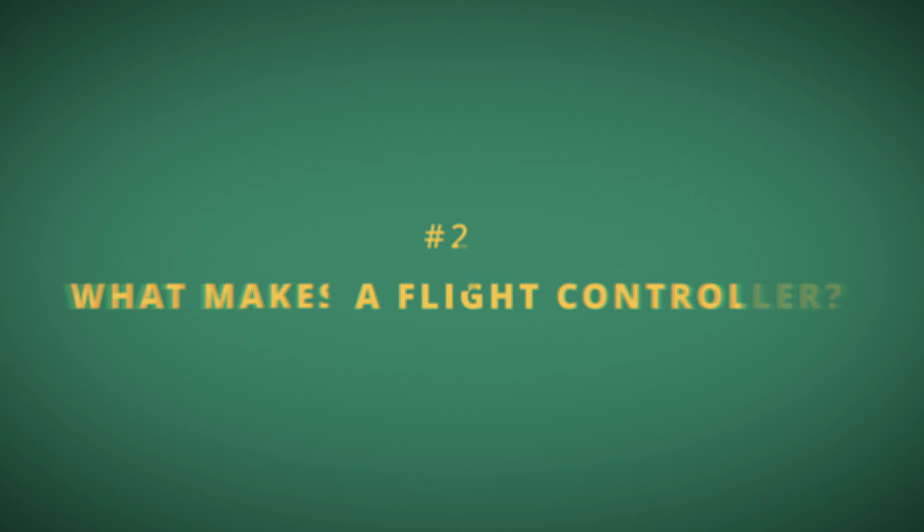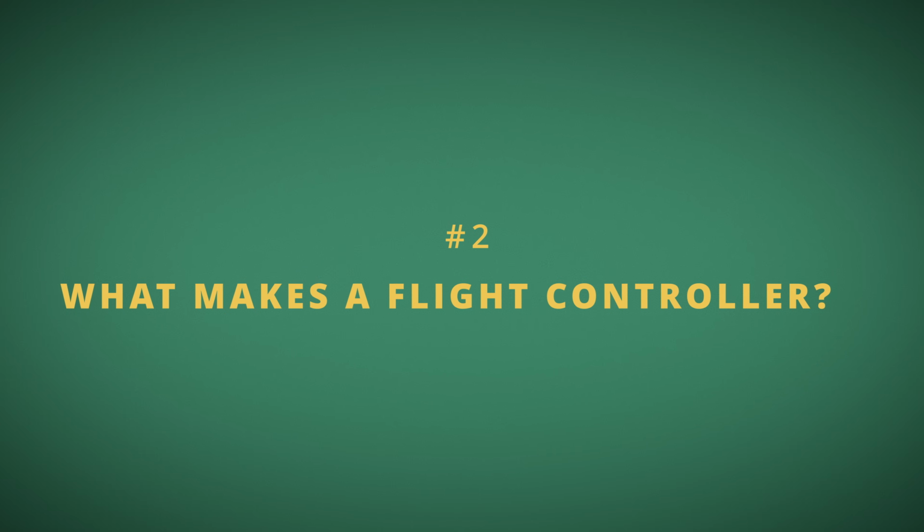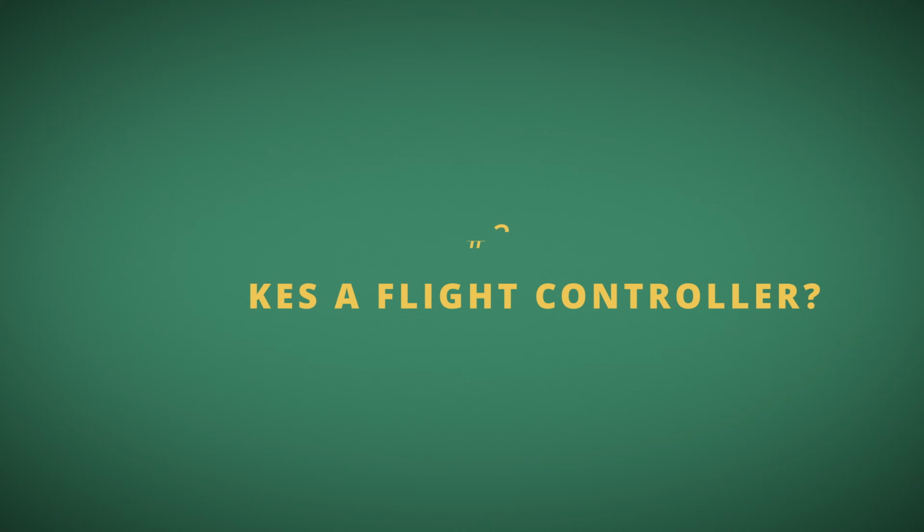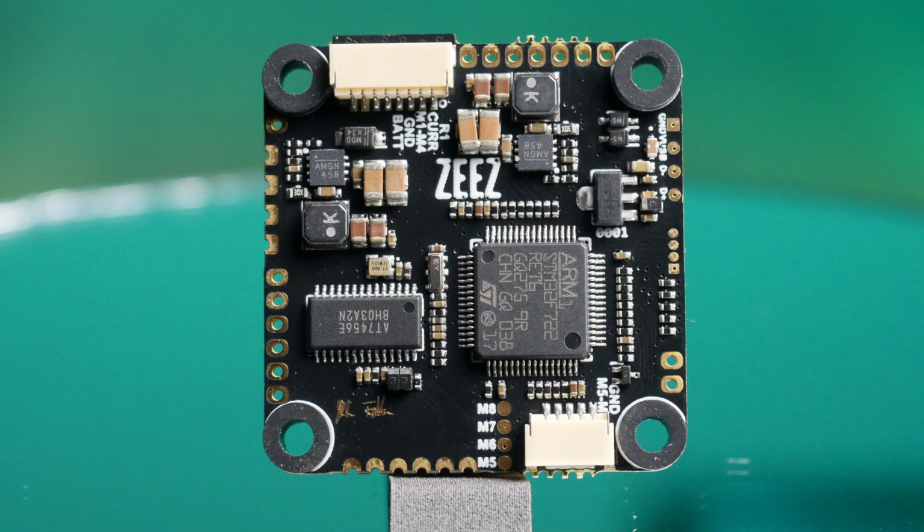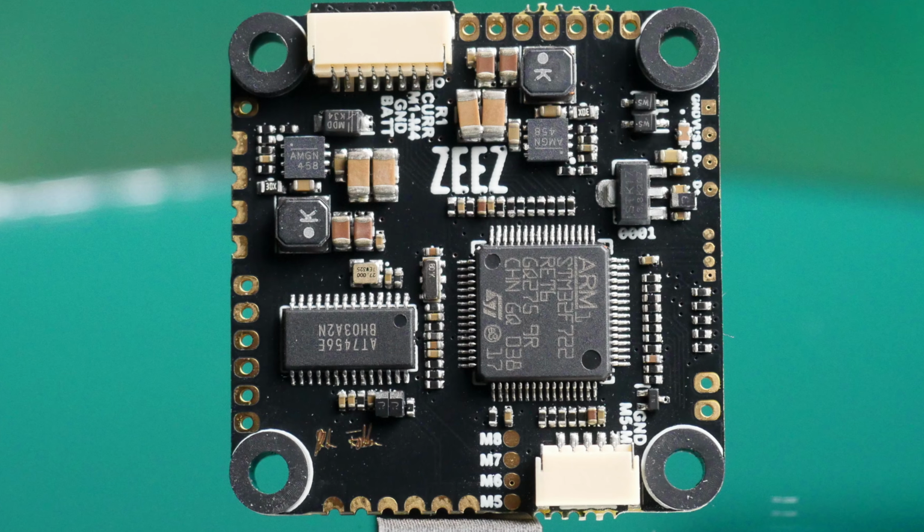The next question is what each flight controller has to have. I mean, what kind of hardware has to be put on this small electronic board so we can call it a flight controller. There are some elements that are just required while some are purely optional. First of all, we have to have a brain.